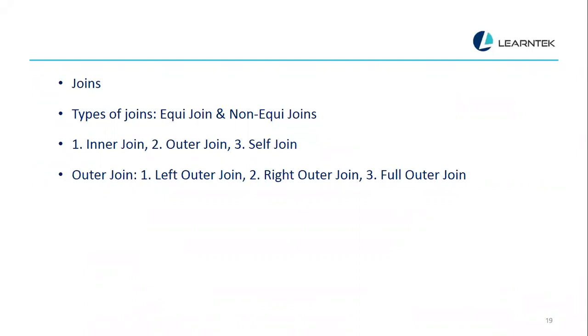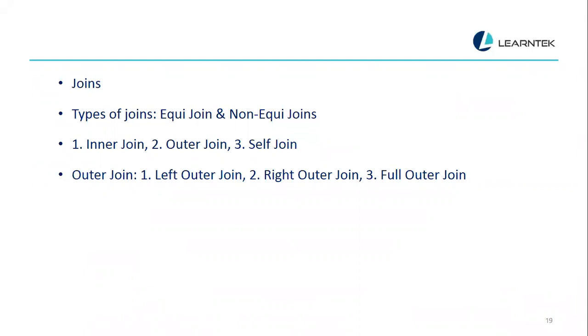For example, if we take two tables and are trying to join them, and there exists a common column which has the same name in both the tables, for example, a region column in one table and the same field in another table.